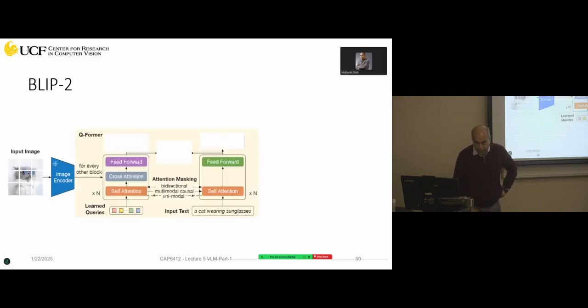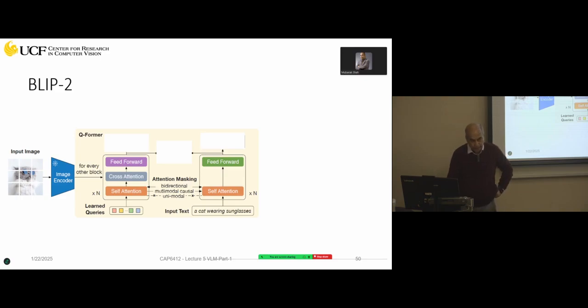Okay, so how does it work? You take an input image, make the tokens, and then this is the Q-Former. The queries are, again, like tokens. Here we are showing several tokens, and they are randomly initialized, and we will learn those. Like we learn the weights of the CNN or transformer, we learn these weights also.